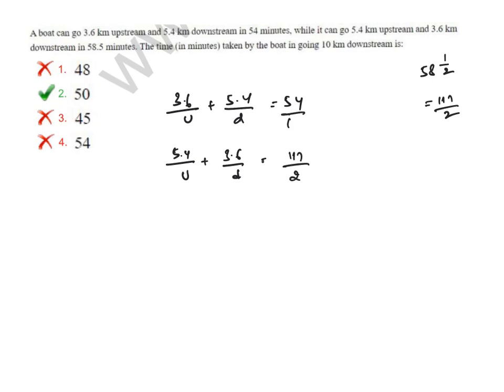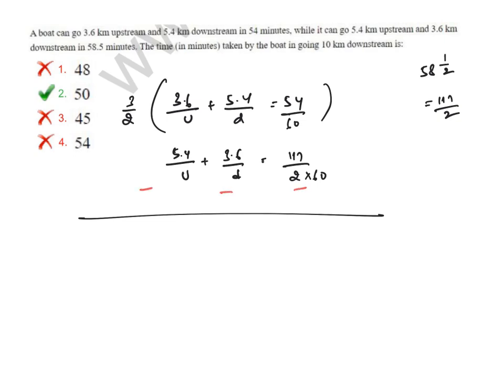So you can divide by 60 here. Do 3 by 2 into 3 by 2 so that it becomes 5 by 4, because I need to find out the downstream speed. Do minus. So this becomes 5.4, this becomes 8.1, this becomes 81.